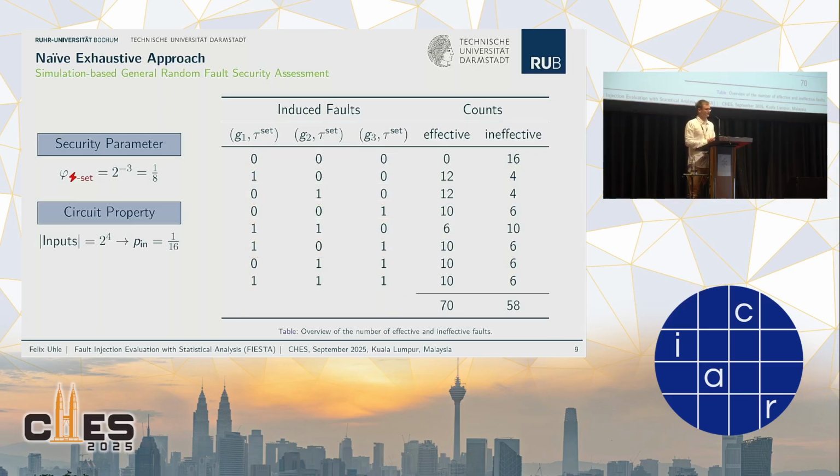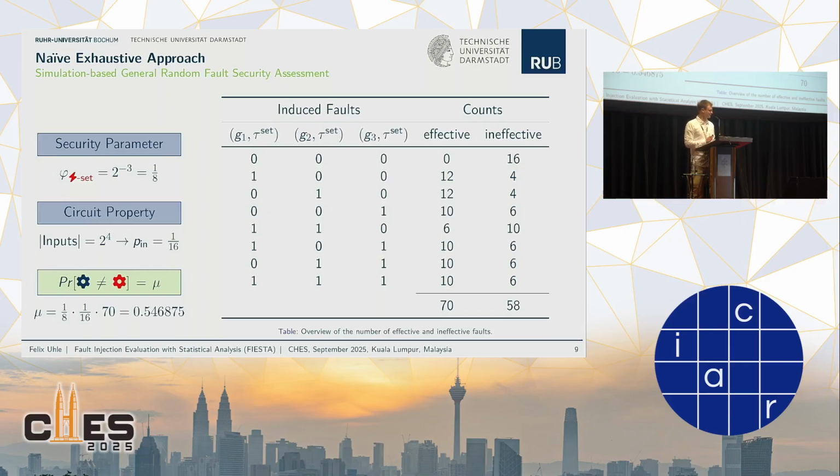And we assume that each input to the circuit is equally likely, so uniformly distributed inputs, and then we can simply compute the advantage of the adversary by multiplying both probabilities with the number of effective faults. The situation is a bit different when we have non-uniform distributions, since then we have to use a sum and we cannot simply multiply everything.